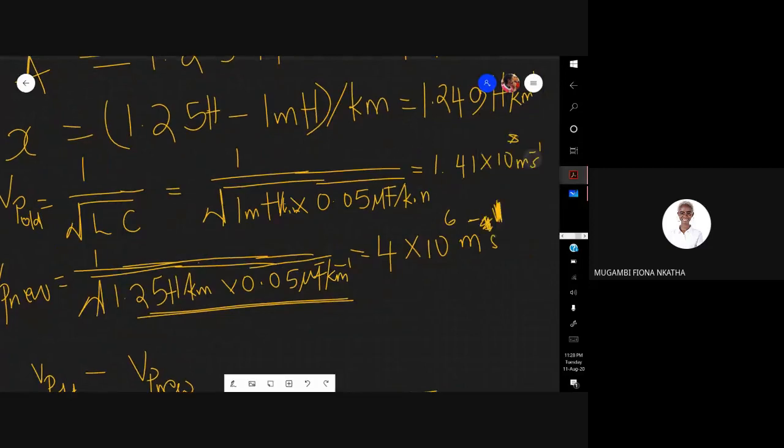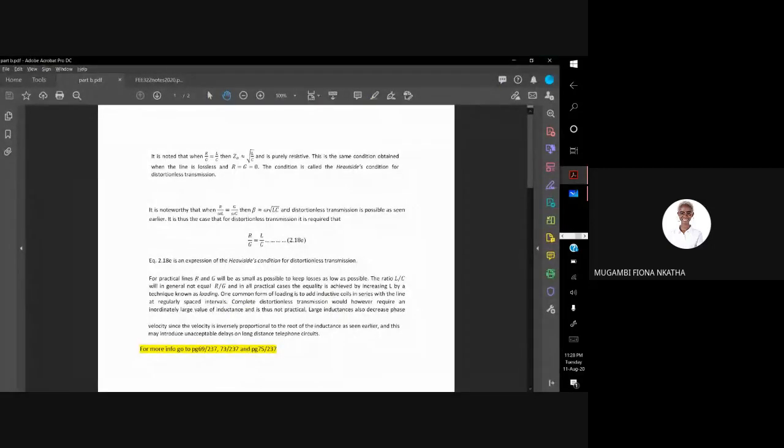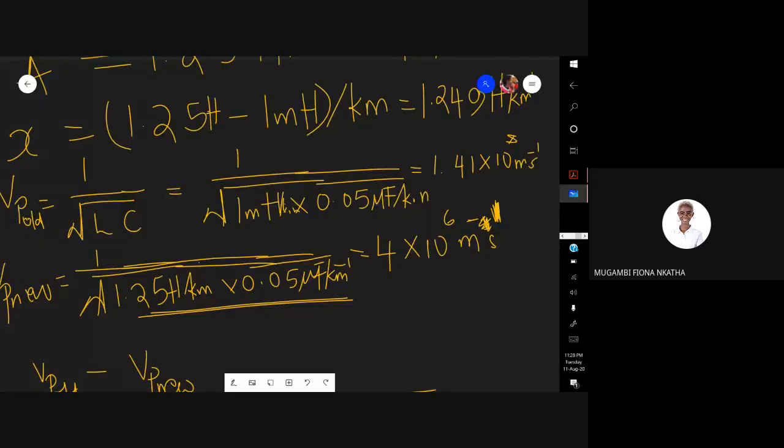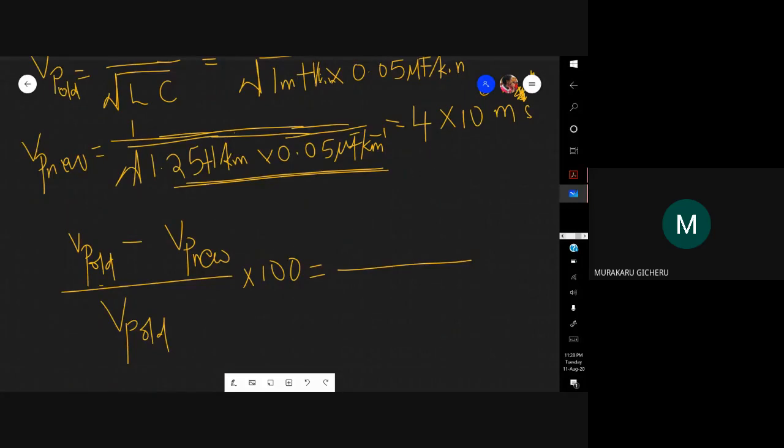We read earlier that large inductances also decrease phase velocity, since velocity is inversely proportional to the root of the inductance. And our inductance has changed from 1 millihenry to 1.25. So it's new minus old: VP new minus VP old.